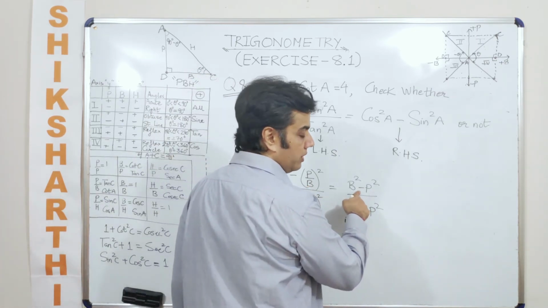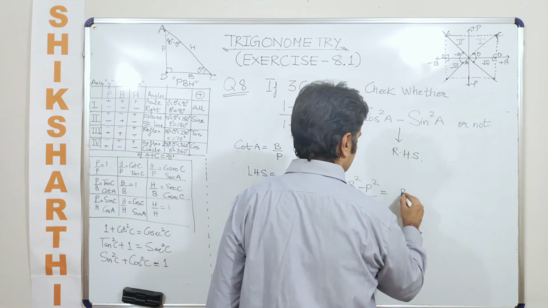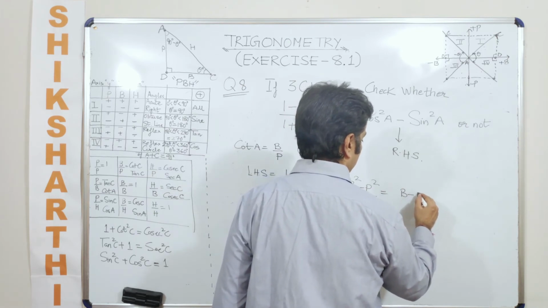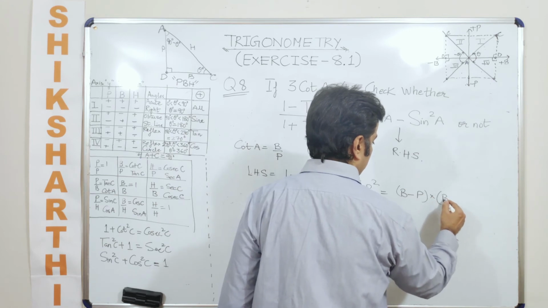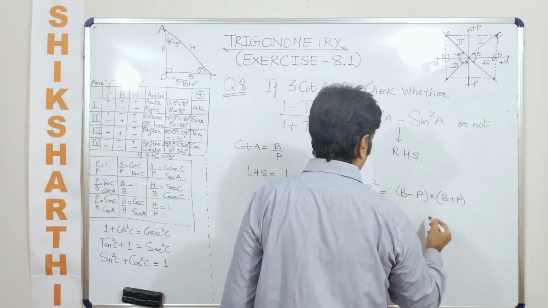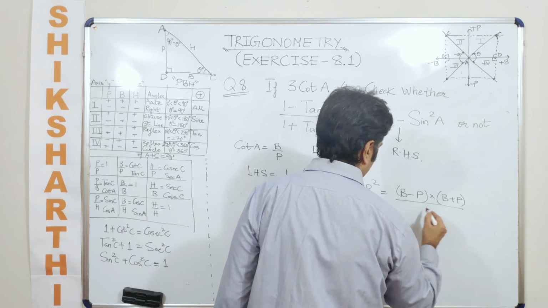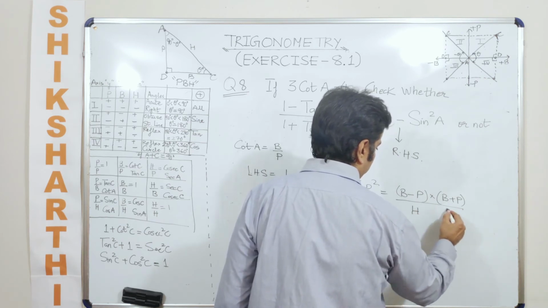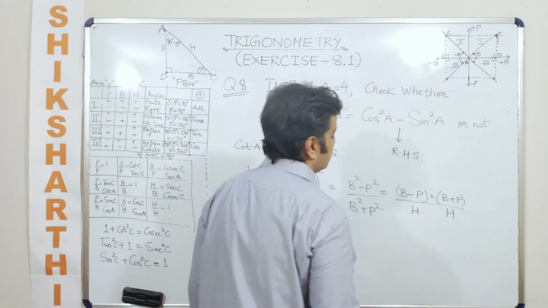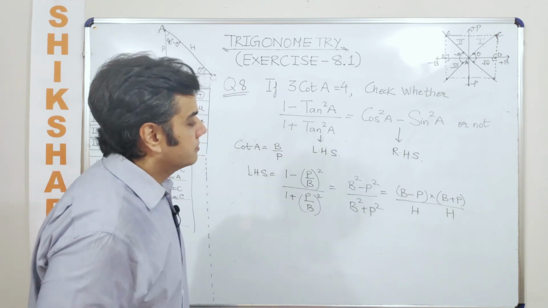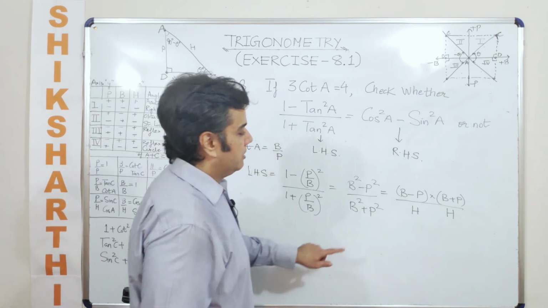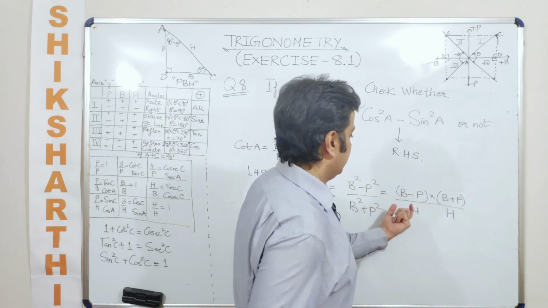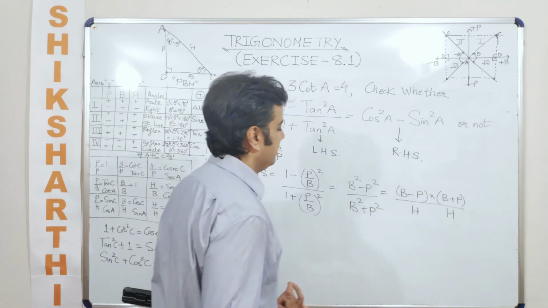Here using a square minus b square formula, which is just like saying this is b minus p into b plus p upon h square. So either I use it like this, but the moment I write it like this, I see that this expression is not helping me at all.